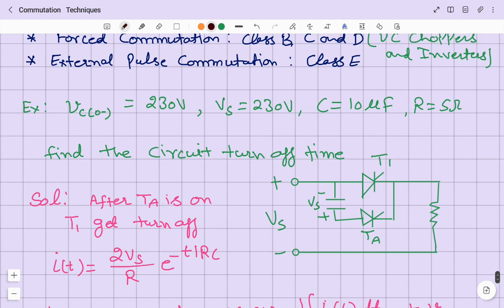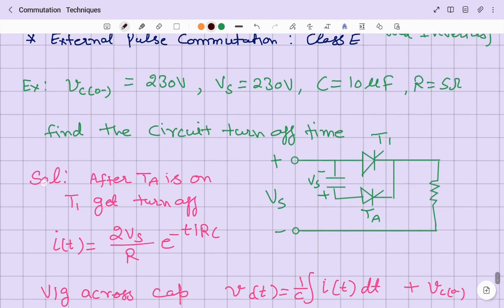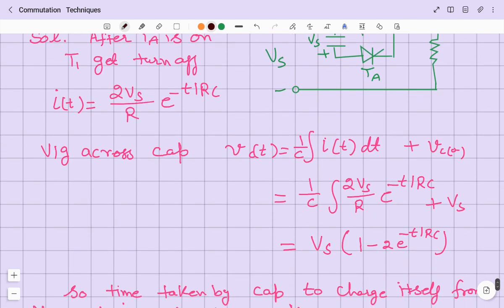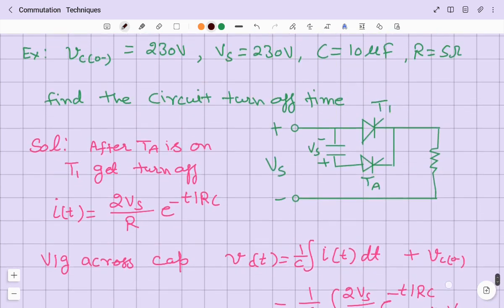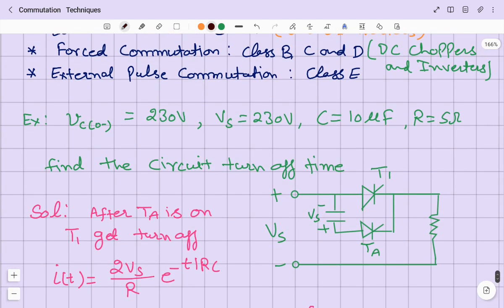You can note down one more numerical based on this. The circuit is shown here, the capacitor is there and the thyristor T1 is the main thyristor, TA is the auxiliary thyristor, right? Let me write 5 ohm here as well. You have to find out the value of the circuit turn off time for the circuit shown here, right?